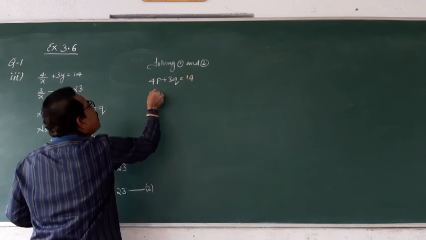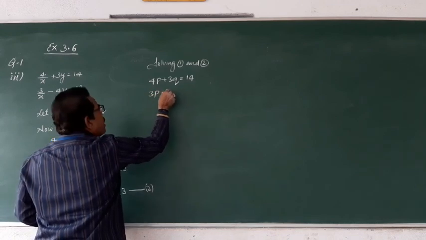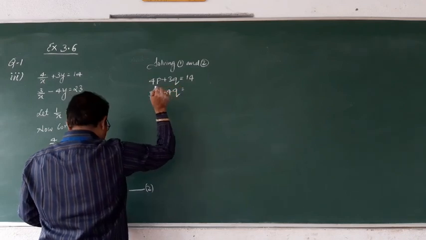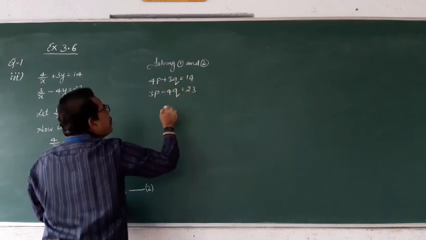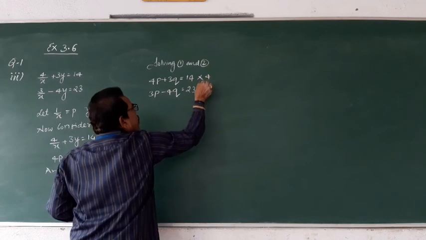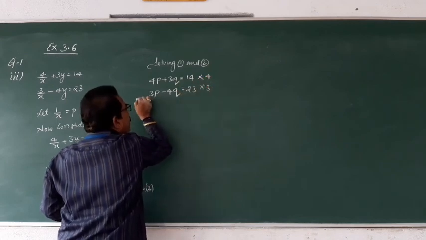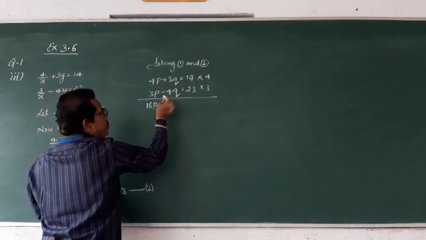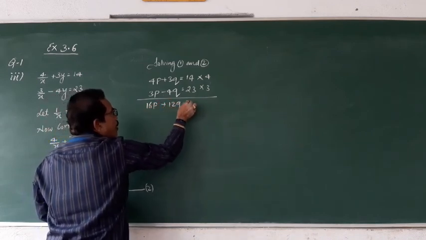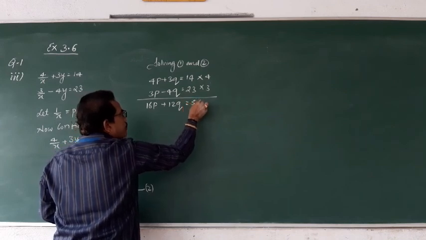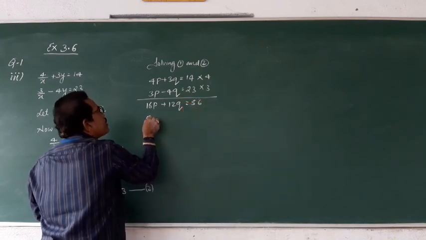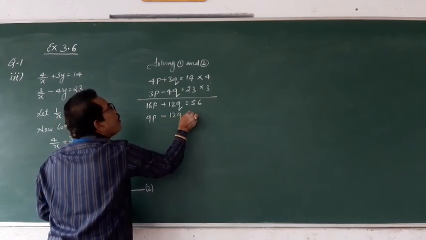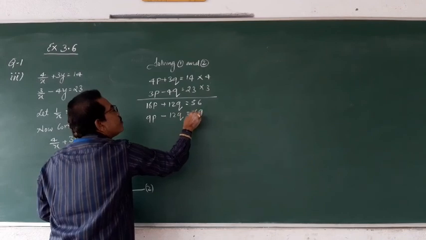Then 3p minus 4q equals to 23. Multiply by 4, then by 3. 4 4s are 16p plus 4 3s are 12q equals to 56. 3 3s are 9p minus 3 4s are 12q equals to 3 3s are 9, 3 2s are 6.